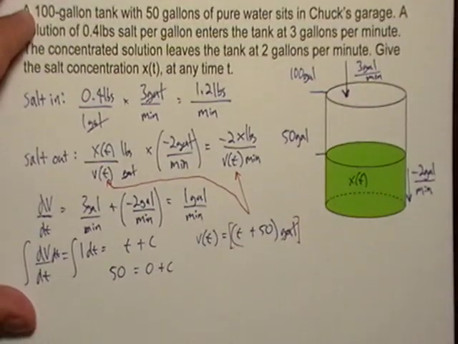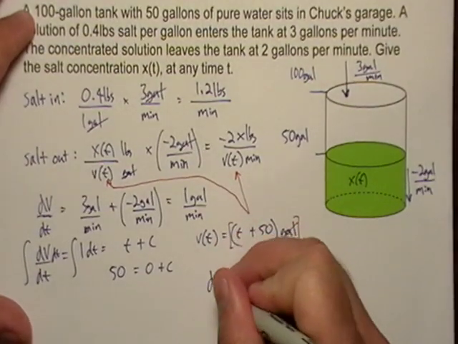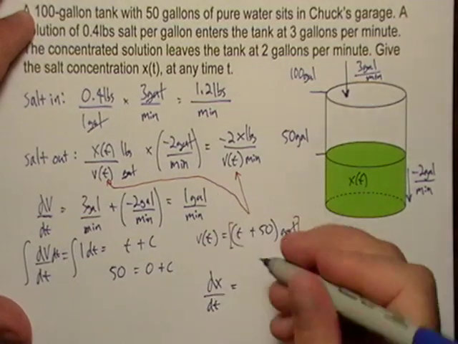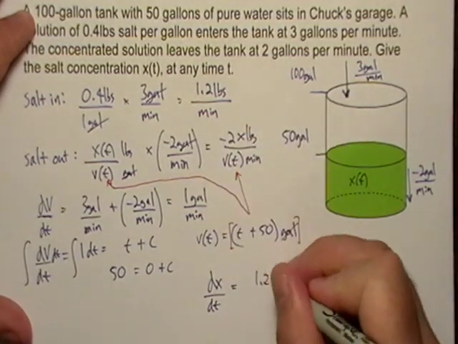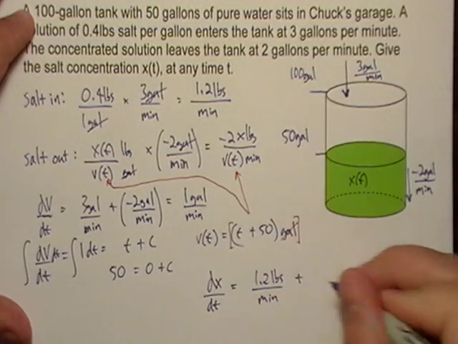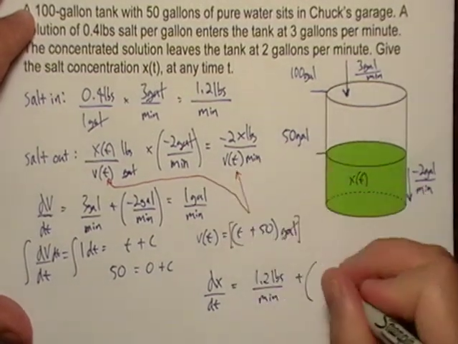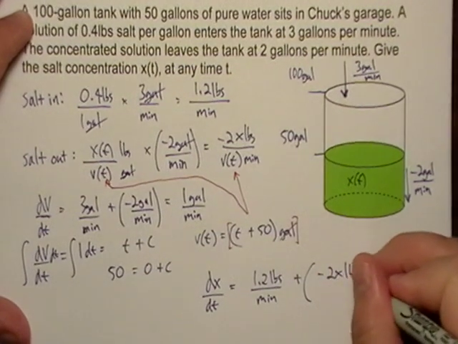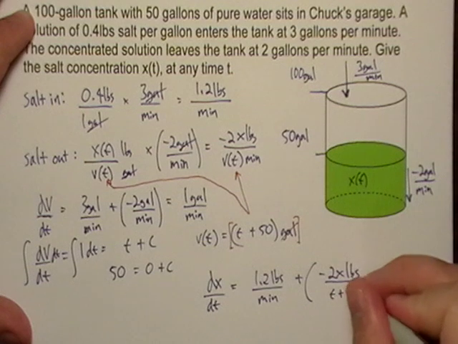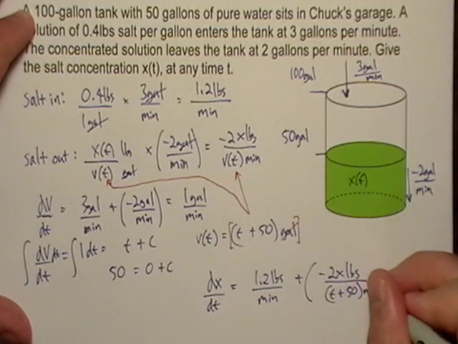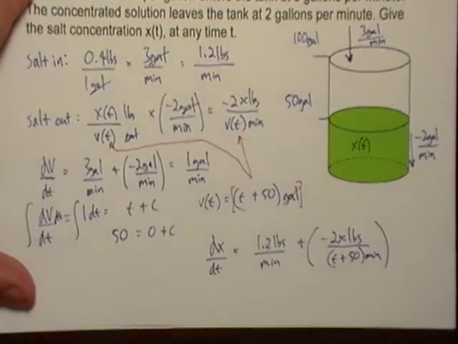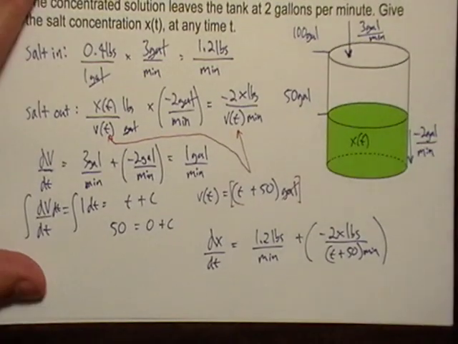So couldn't I just say, just like we did with the volume, that dx/dt is equal to 1.2 pounds per minute plus negative 2x pounds over t plus 50 minutes? I could go ahead and say that, couldn't I? It wouldn't be out of the question.